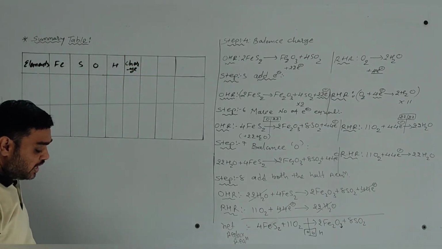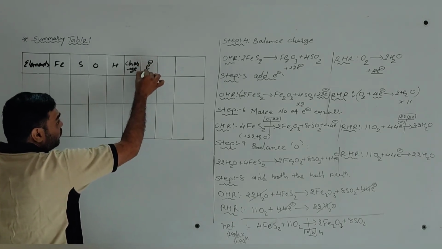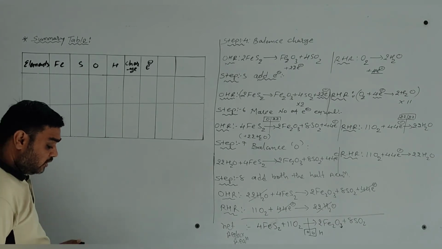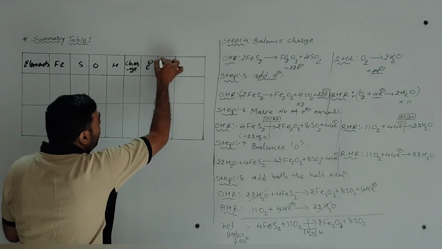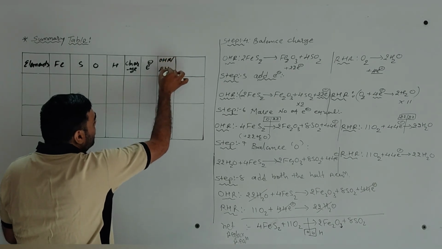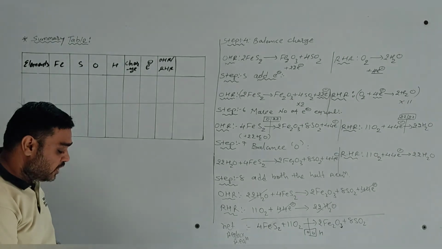Charge, then number of electrons which cancel out, then OHR, oxidation half reaction, and RHR, reduction half reaction, with the change in oxidation number.